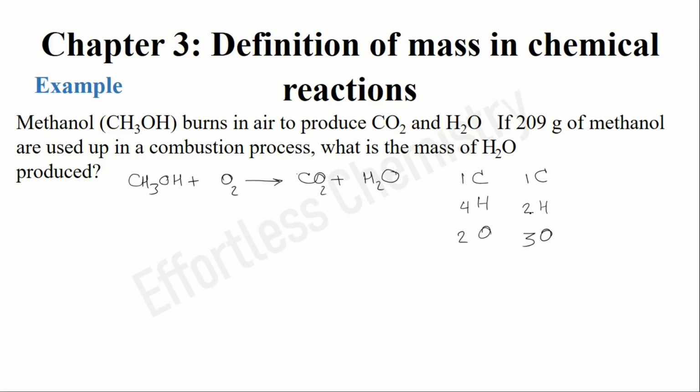Okay, first I will balance hydrogen by adding the number 2 here. Now we have 4 hydrogen in the products and 4 hydrogen in the reactants, but the number of oxygen is not balanced. So now we have 4 oxygen here. I will write here 4.